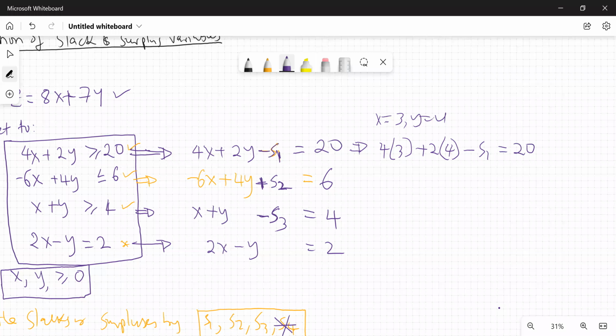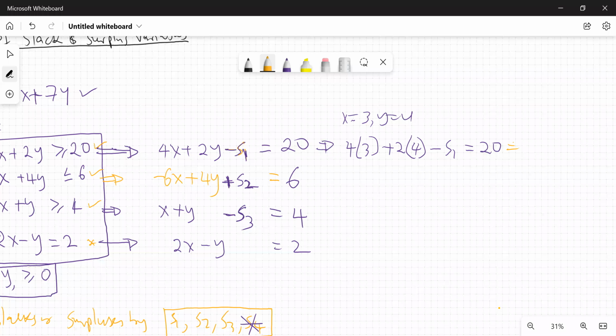So the value of S1 is what? It's 12 plus 8, 20. This is 20, right? So this is 20 minus S1 is equal to 20. That means S1 is equal to 20 minus 20. So S1 is equal to 0.